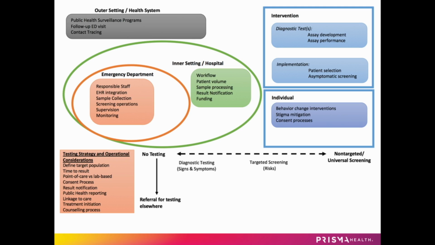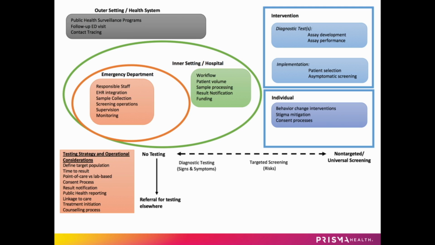As far as testing and the scope of testing, this group did a lot of really good work in defining this spectrum. So everything from, on the far right, your non-targeted universal testing. So it's not that I'm coming in with symptoms, but we just want to test everybody, to, on the far left, no testing, or just one step above that would be your diagnostic testing. The patient who comes in immunocompromised with thrush and lymphadenopathy, those are the patients that you would initially be testing, as an example for HIV.